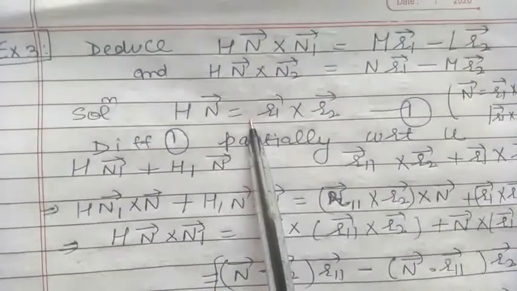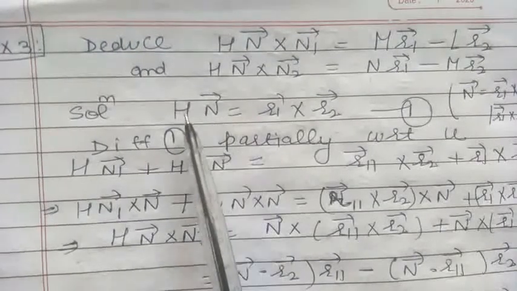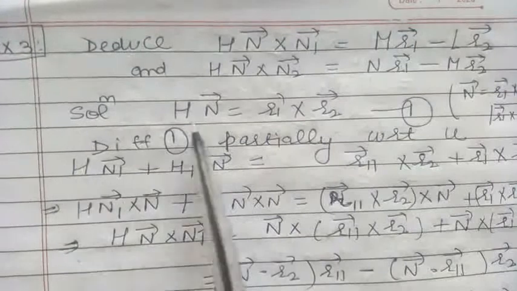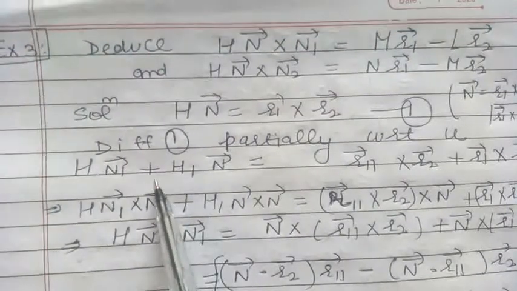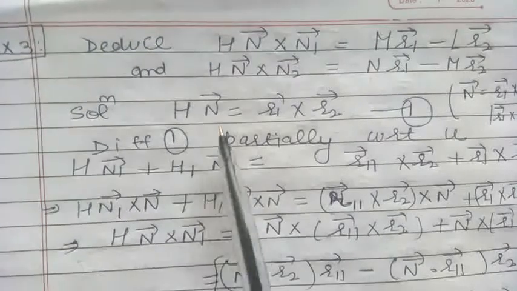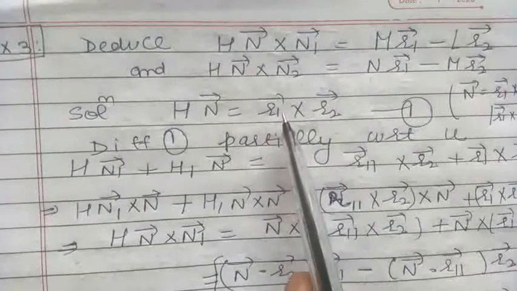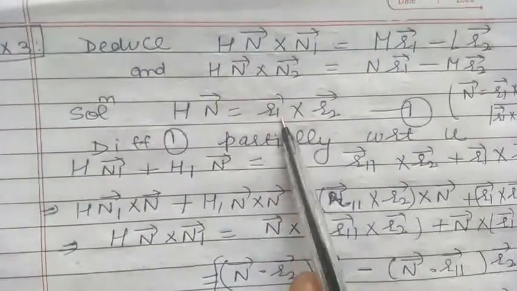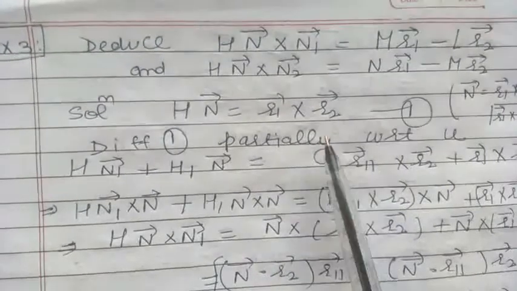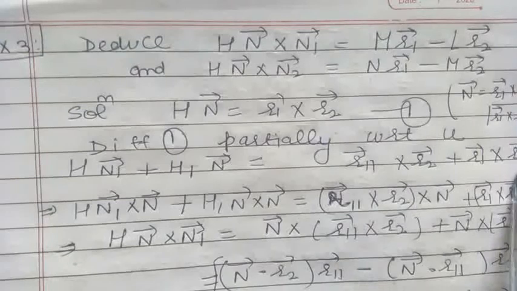Now let us differentiate this with respect to u partially. By using the product rule: h as it is, the derivative of n with respect to u, that is vector n1, plus the derivative of h, h1, times n as it is, and here again by using the product rule for the cross product of vectors, the derivative of r1 with respect to u, that is r11, and the derivative of r2 with respect to u, that is r12.